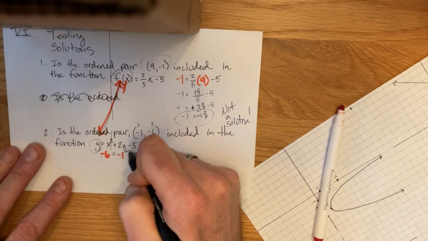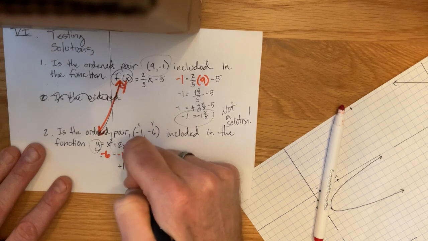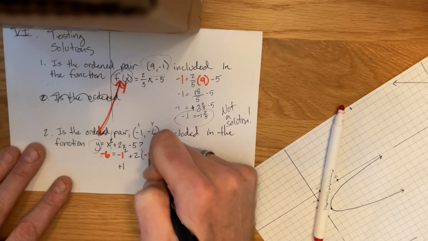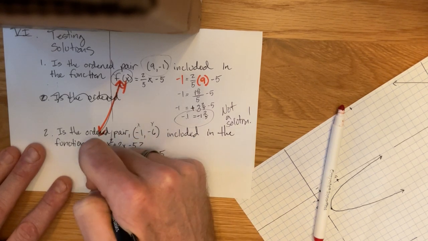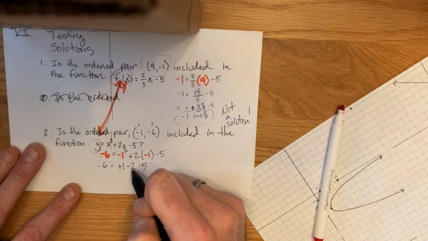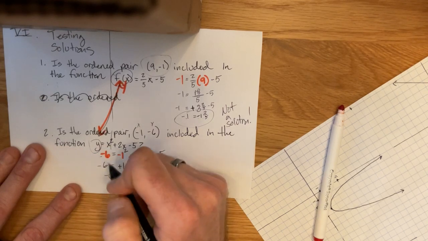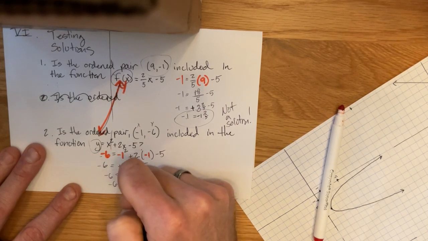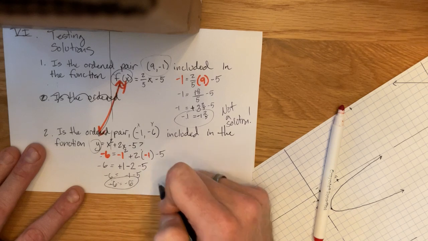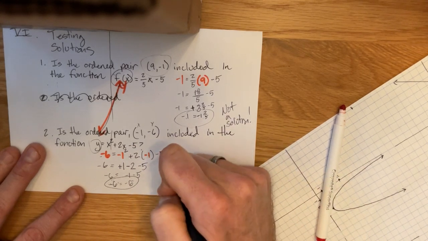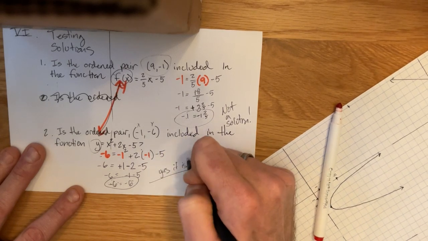Okay, so -1 squared, -1 times -1, and negative times negative is a positive. That's going to be +1. Positive times a negative is a negative, so that's -2 minus 5. So -1, +1 minus 2 is going to be -1 minus 5. We're going to have -6 equals -6. And y'all, -6 does equal -6. And because they equal each other, and it makes sense, it's not a glitch, then we're going to say that yes, it is a solution.